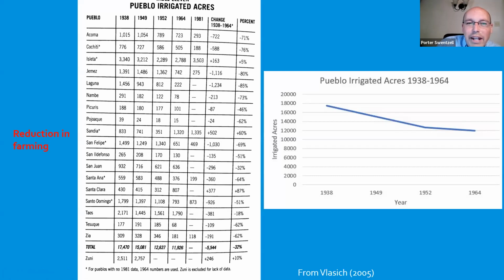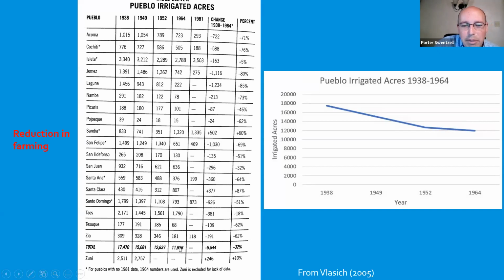It doesn't come all the way up to today, but into the 80s, you can see the number of irrigated acres and how they decline for the most part. In some communities they actually increase, but for the most part you see a large decline in irrigated acres. And at the bottom, you can see the totals all the way up to 1964, because there are some missing numbers for the 80s, right?